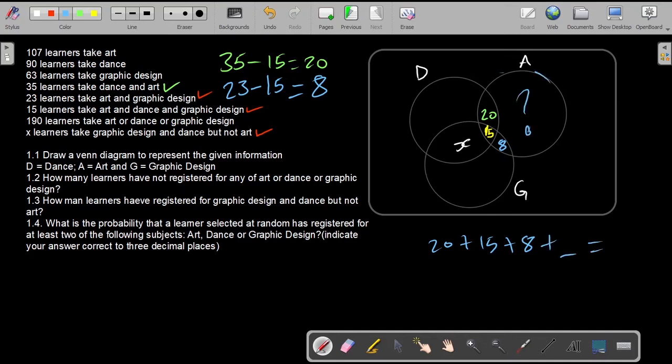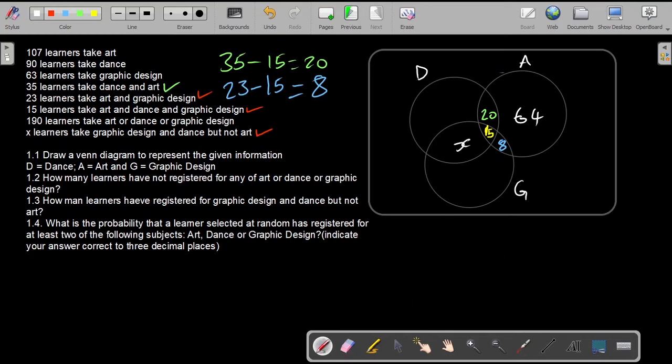And the sum of everything in the A circle has to add up to the given total of 107. So to find this question mark, you just have to subtract everything that you currently have from 107, and the value that you get is 64. So the value that you input over there should be 64.